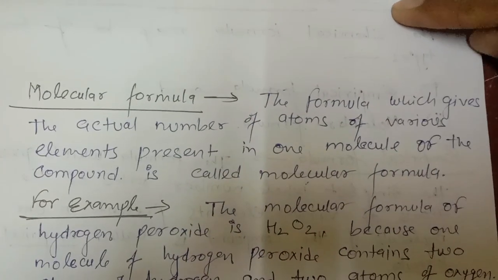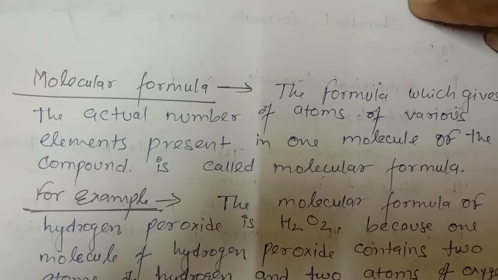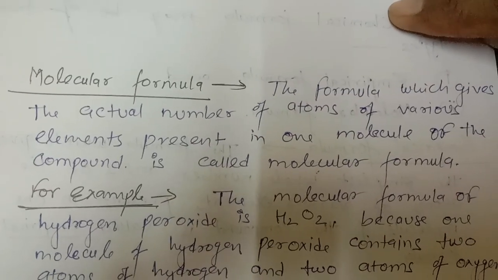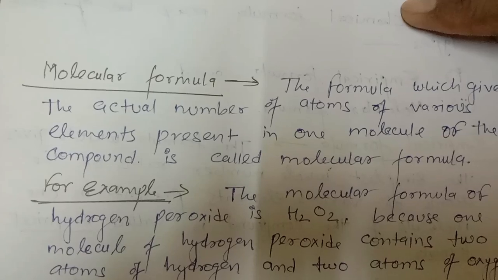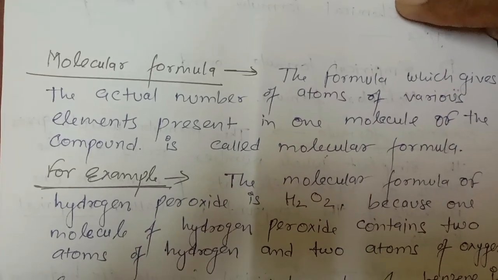The formula which gives the actual number of atoms of various elements present in one molecule of the compound is called the molecular formula.